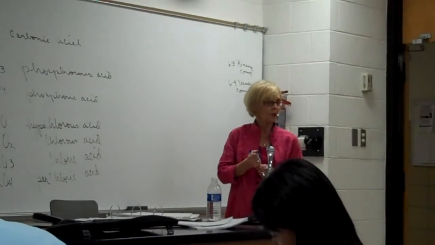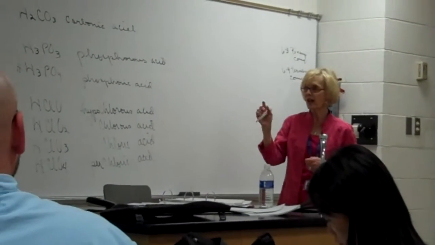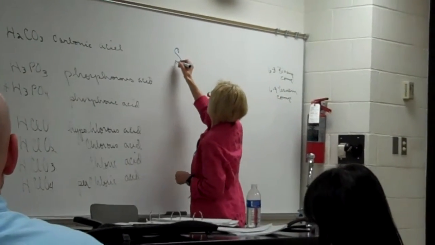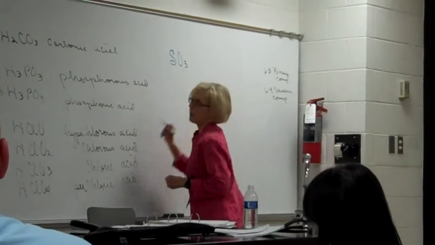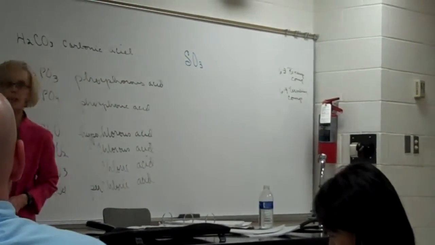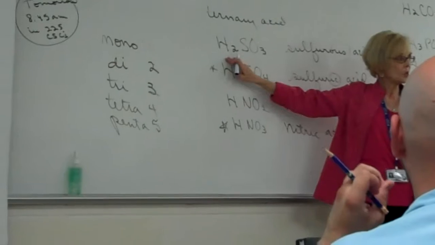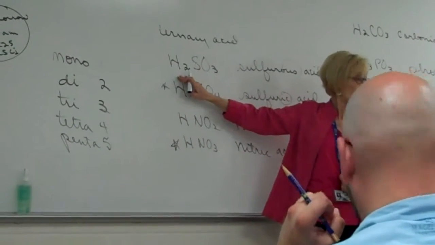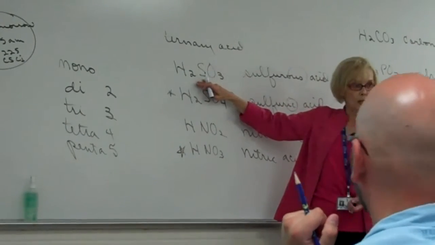Let me go back to that first ternary acid. I'm going to take the hydrogens away. Okay, it's an acid right now, but if I take the hydrogens away and substitute in a metal, I could turn that into a salt.